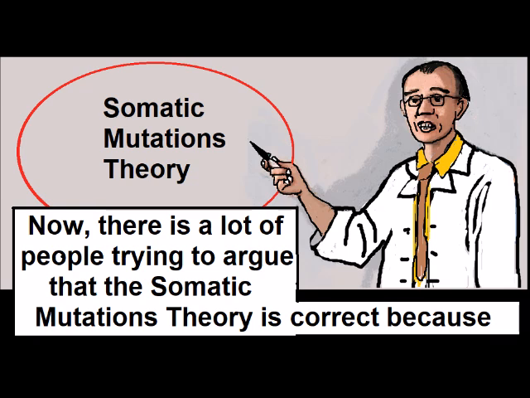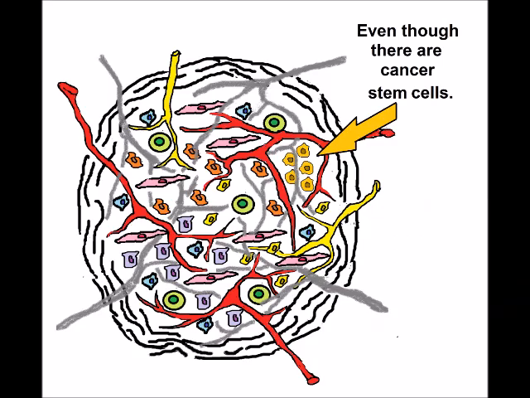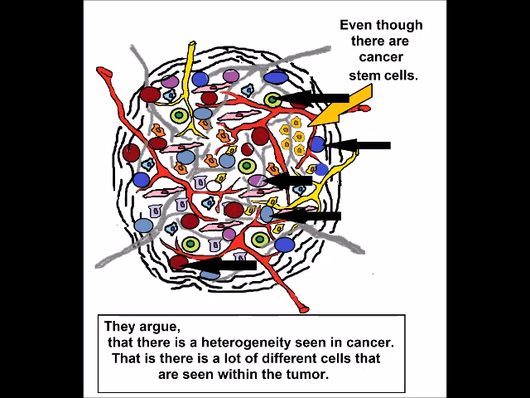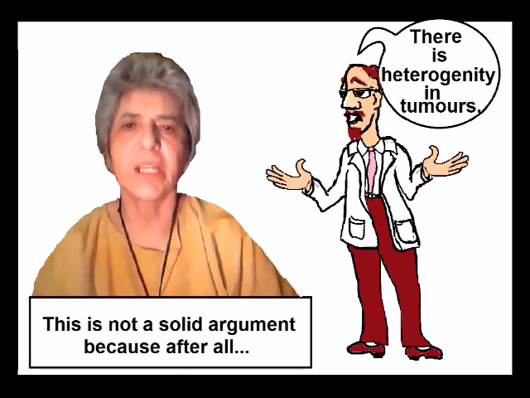Now, there are a lot of people trying to argue that the somatic mutation theory is correct, even though there are cancer stem cells, because they argue that there is a heterogeneity seen in cancer. That is, there are a lot of different cells seen within the tumour.